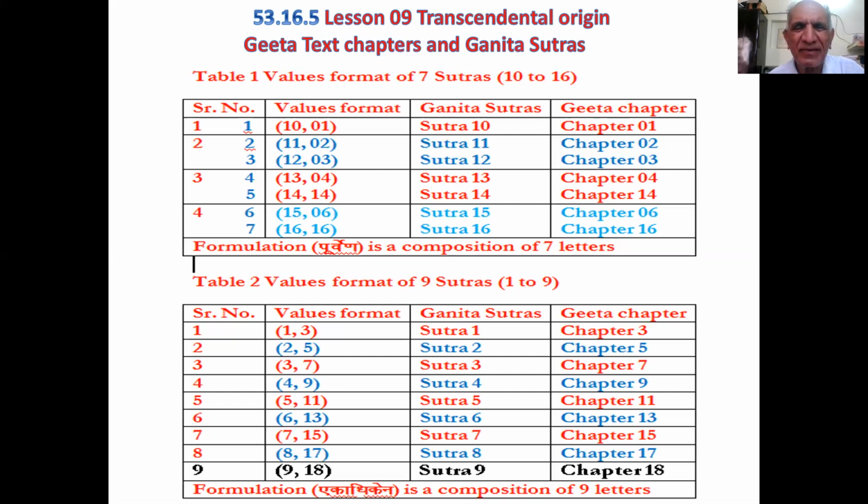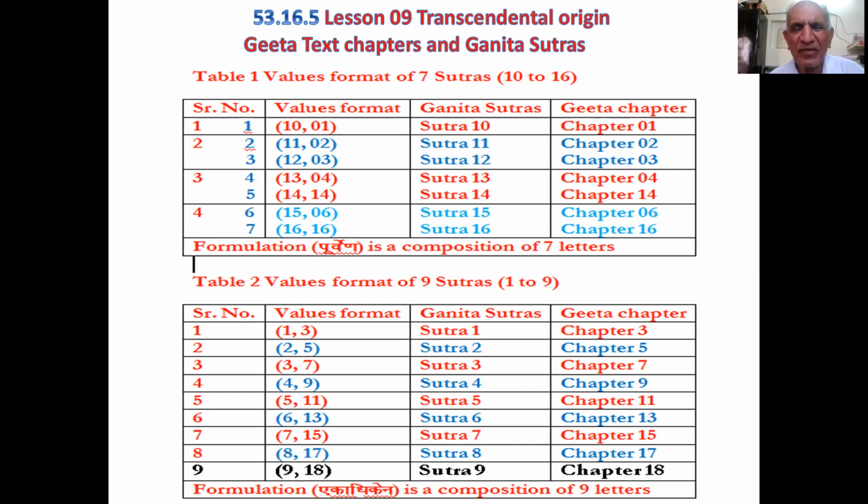Step ahead, the values pair 13 and 4 leads to coordination of Sutra 13 with chapter 4 and Sutra 14 with chapter 14. This is a feature which deserves to be chased, deserves to be imbibed.